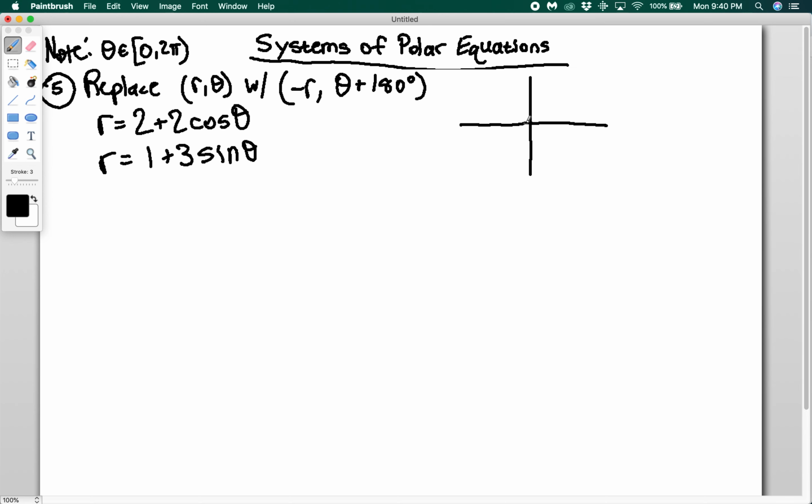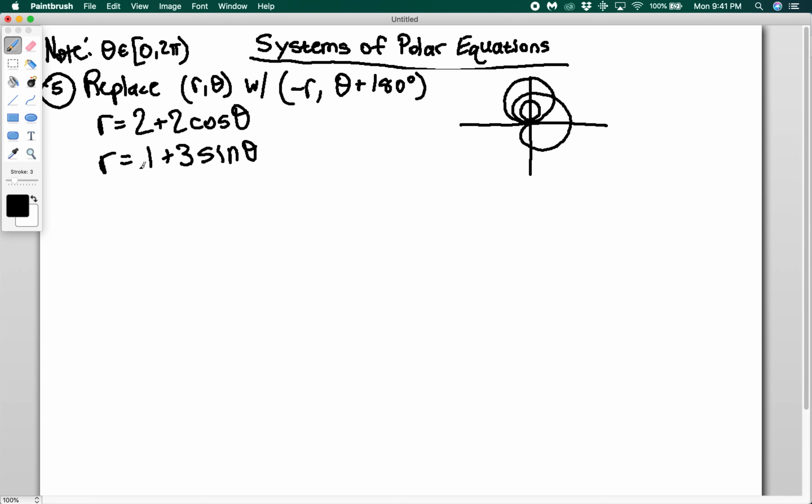I'm going to have my cardioid here, and I'm going to have my inner loop like this. We could have any number of intersection points, who knows? We're going to end up with 5, just so you know.